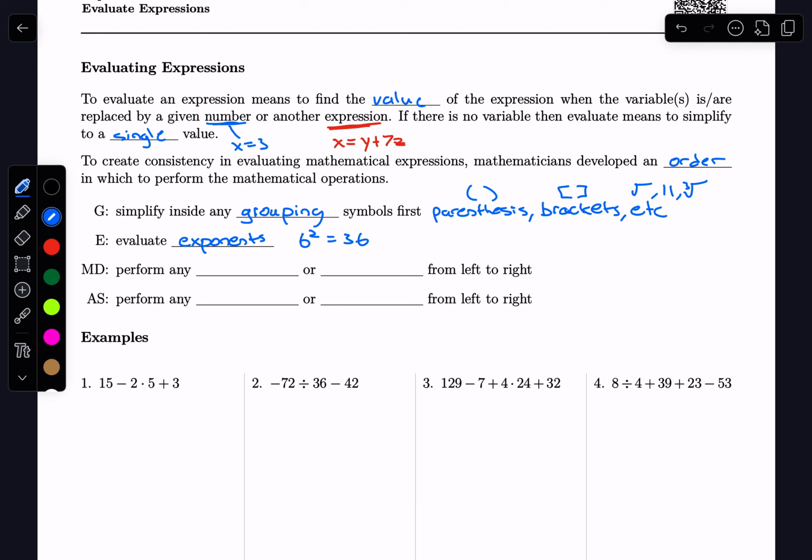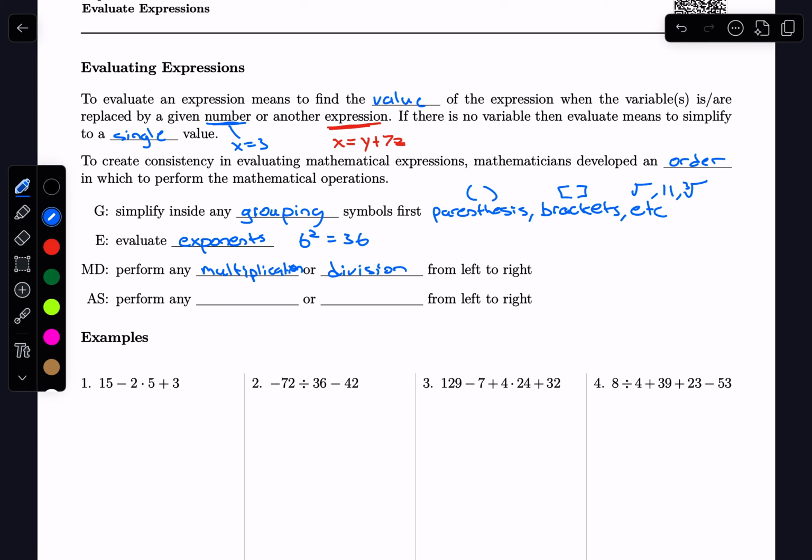Then we're going to perform M and D, which are any multiplication or division that we see. Multiplication or division. And we're going to do that from left to right. The left to right part is less of a rule and more of a guideline, as is all of the order of operations here, but it ensures that we can all get to the exact same answer.